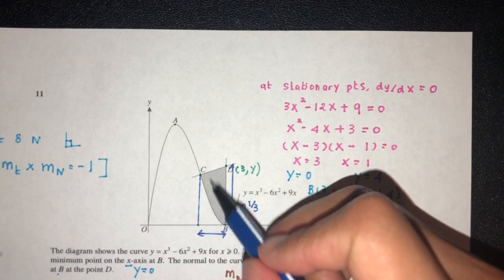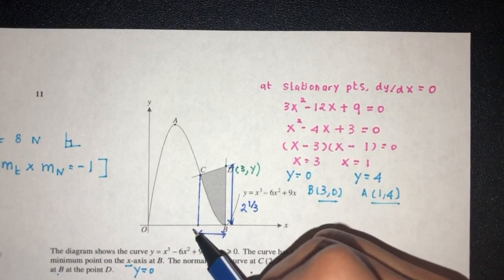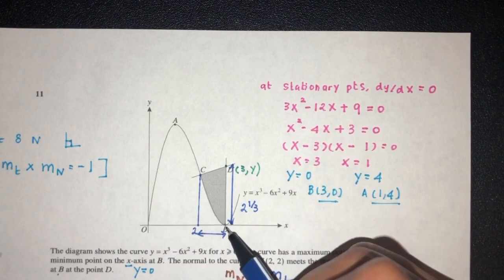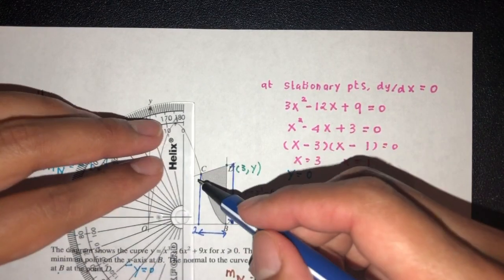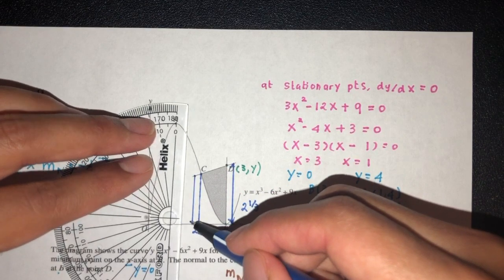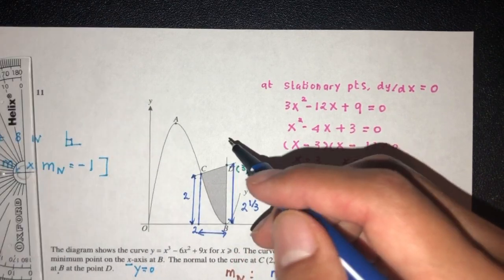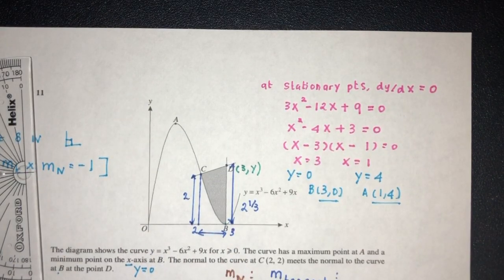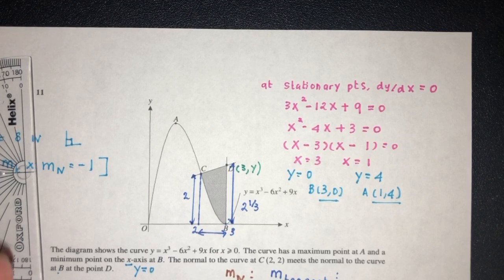So the point C was found to be (2, 2). This is 2 here, right? (2, 2). And again, this is the height 2 over here. And the point B was 3. Right. Now we know all these values. We can definitely use that somewhere to find something that we need.